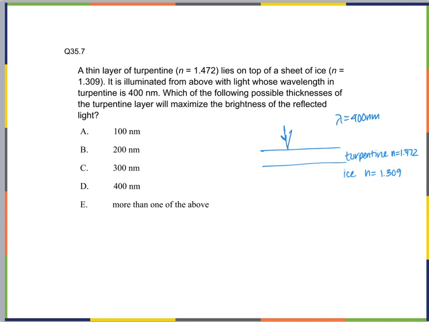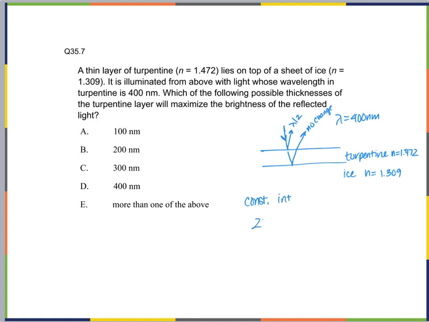So we are looking for constructive interference. The light that bounces off of the top of the turpentine will experience a phase change, but the light that bounces off the top of the ice does not. And so we want to have constructive interference.